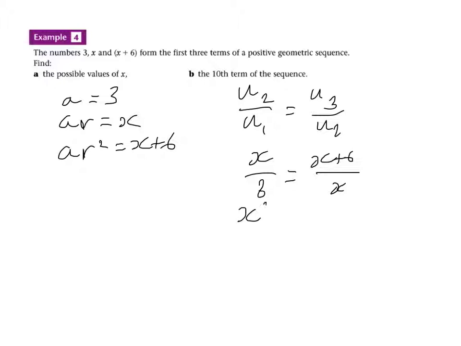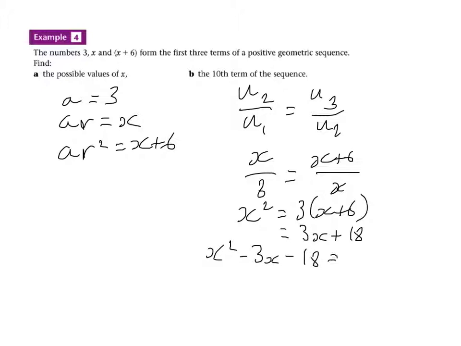So we get x squared equals 3 lots of x plus 6. If we multiply out here, we would get 3x plus 18, and bring it across to this side, we'd get x squared minus 3x minus 18 equals 0.